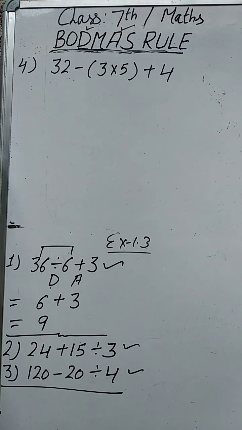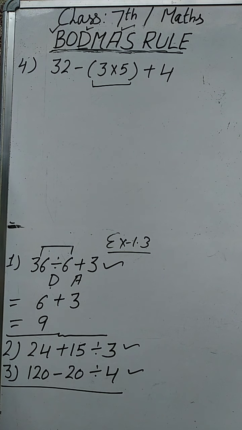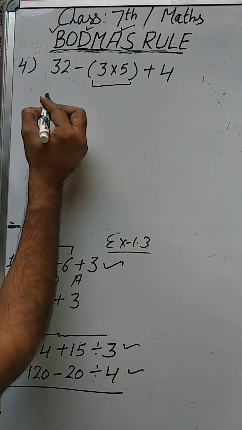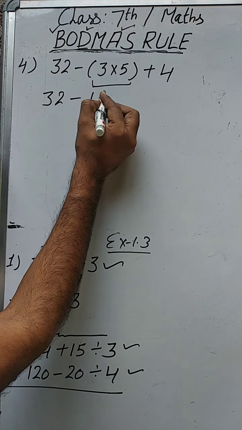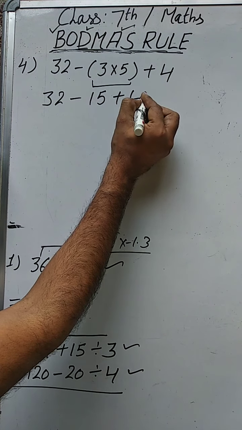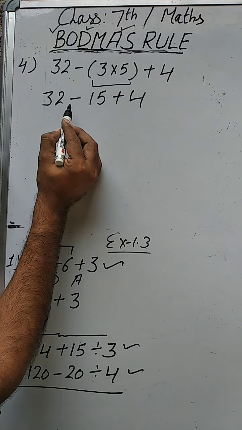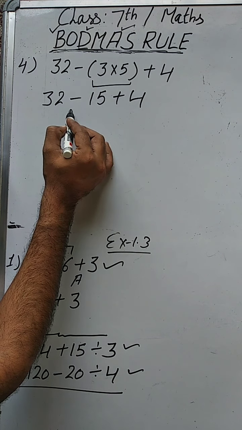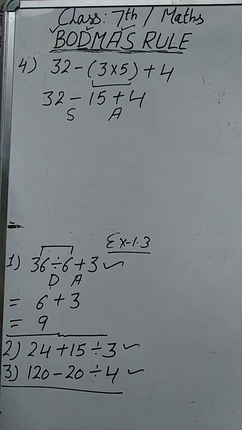Now firstly beta look at the question. Is there any bracket? Yes, obviously there is a bracket. B stands for bracket. So you have to solve the bracket first. Inside the bracket, 3 multiply 5 is 15, so 32 minus 15 plus 4. Bracket is solved. Now beta, we have two operations, subtraction and addition.